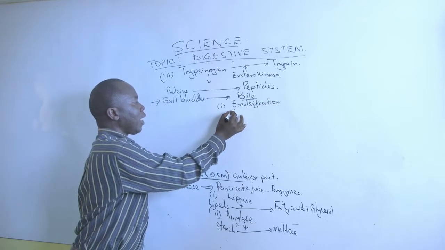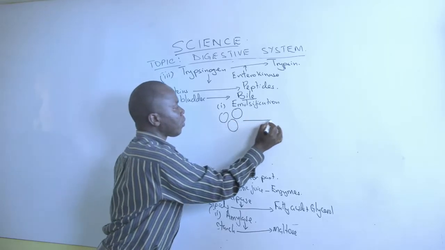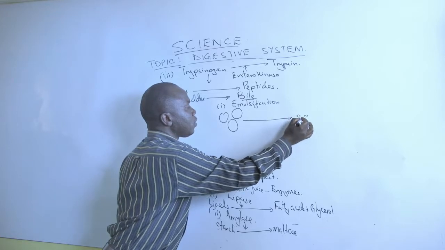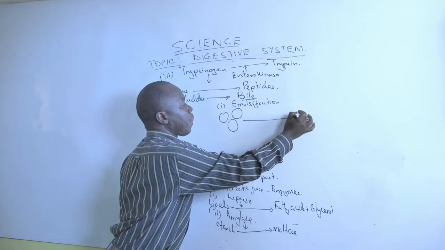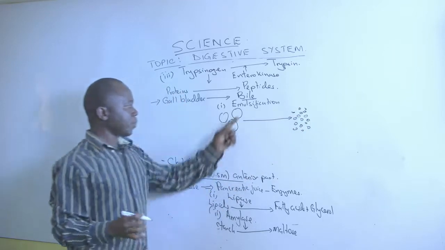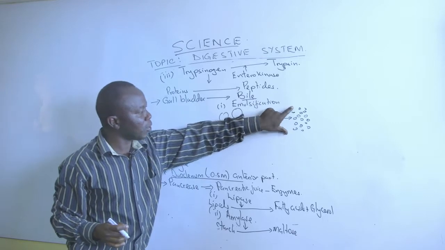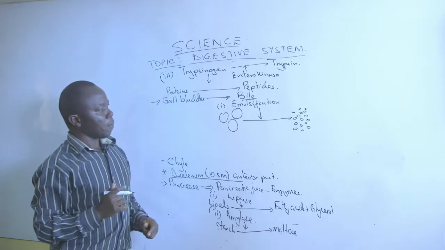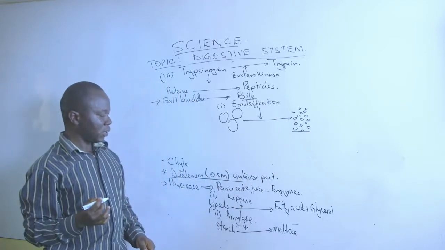So if you have very large sizes of fats, they will be broken down into smaller ones, like this. We call that process of breakdown of large fat droplets into smaller droplets emulsification. Now, why is it important that it should be broken down into smaller ones?